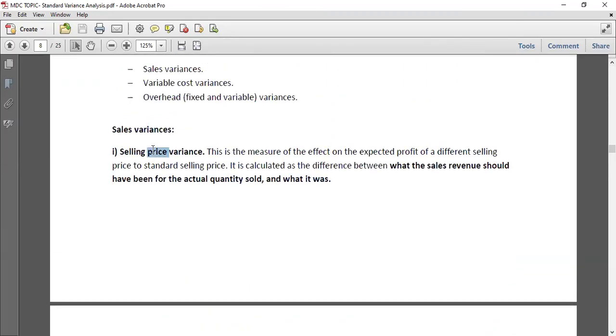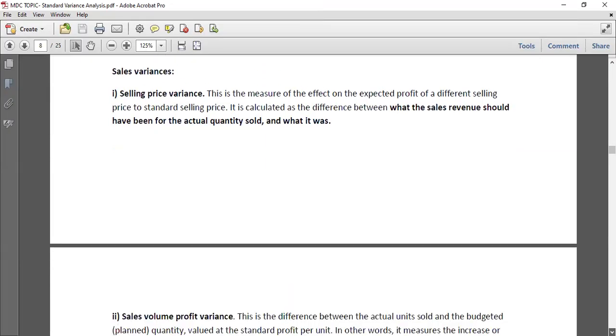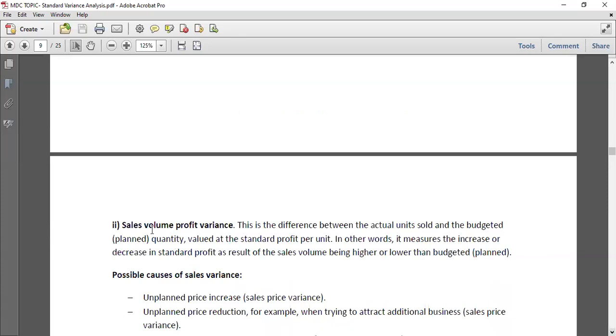Here, price is the key factor that is changing in the price variance. When you come down here, what is changing is actually the volume.